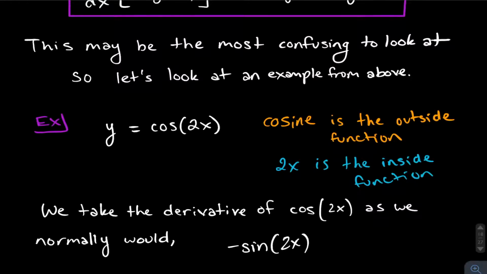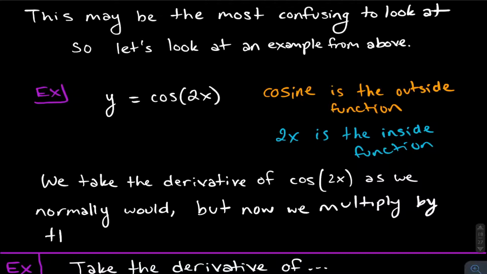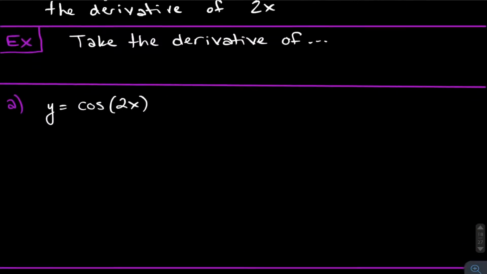But here's what we do: we multiply that negative sine of 2x by the derivative of the inside function, the derivative of 2x.